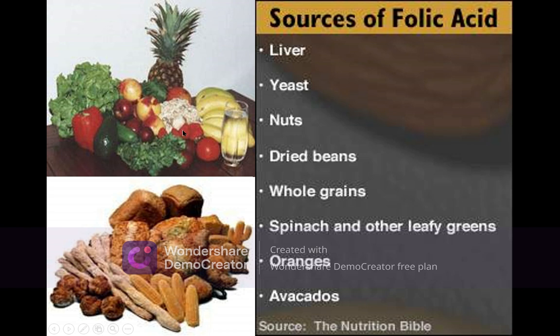But the high sources are the plant kingdom, whether in fruits, nuts, dried beans, whole grains, oranges, avocados, mushrooms and so on, all rich in folic acid. It is present in the liver in high amount, no doubt, but in other animal tissues it is moderately present, not in high amount.